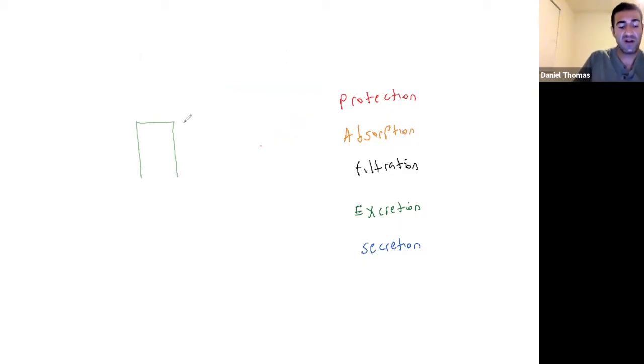So I'm going to draw the layer of the epithelial of the integument. This is what the cells of the epidermis look like. As I said, it's multi-layered. I'm not going to draw too much detail here. Then you have the dermal layer. And inside the dermal layer, you're going to have neurons.